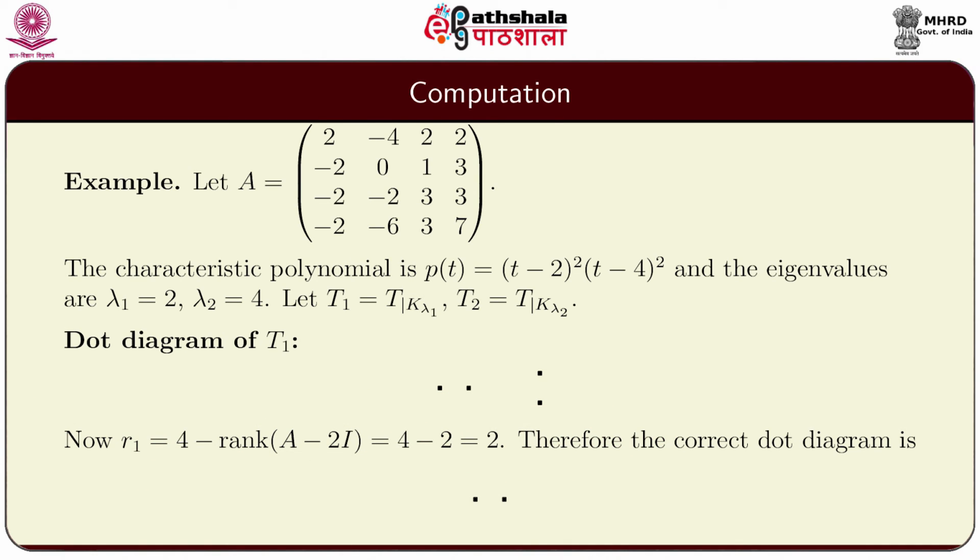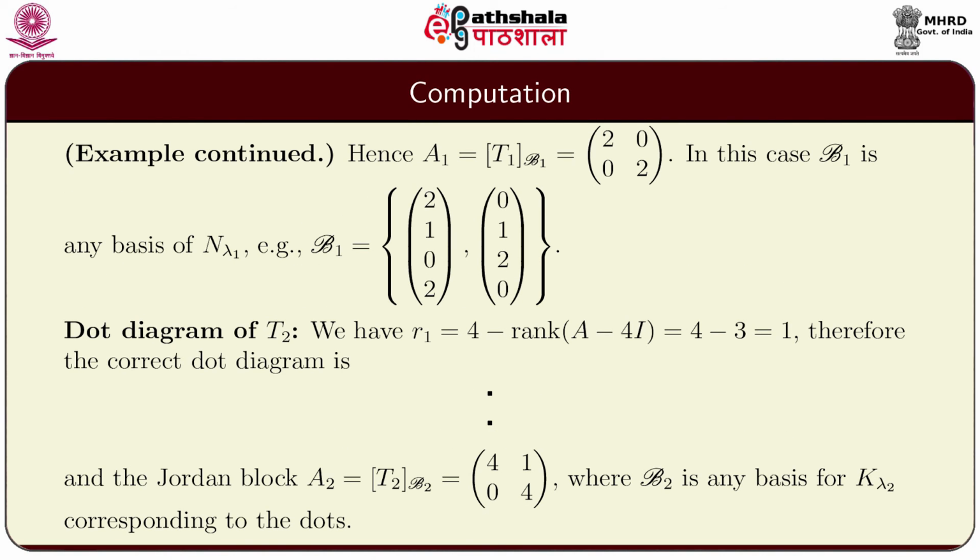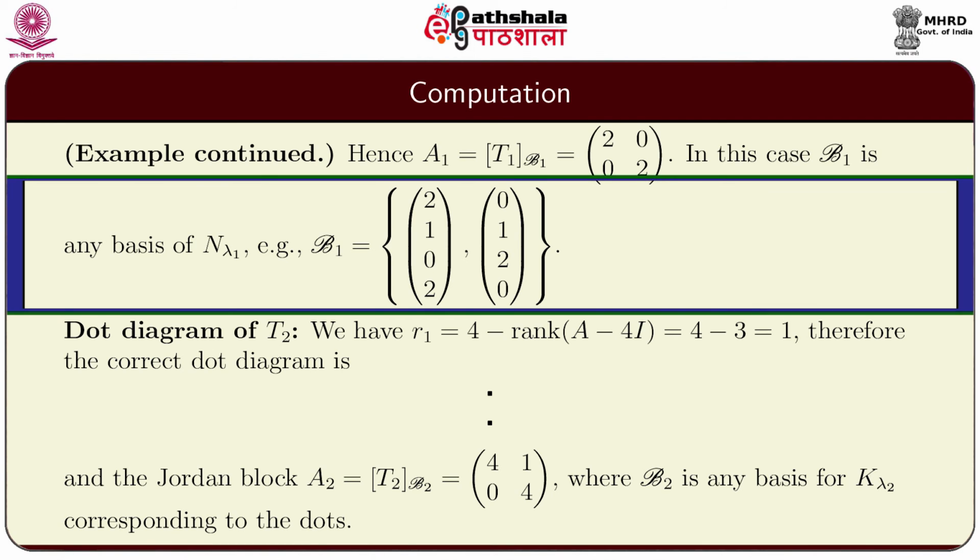Therefore, the correct dot diagram is 2 1-cycles, and that is what you see over there. Hence, A1, the matrix representation of T1 with respect to the basis B1, has to be diag(2, 2). In this case, B1 is any basis of N lambda 1, for example, this set consisting of these two vectors (2, 1, 0, 2) and (0, 1, 2, 0).